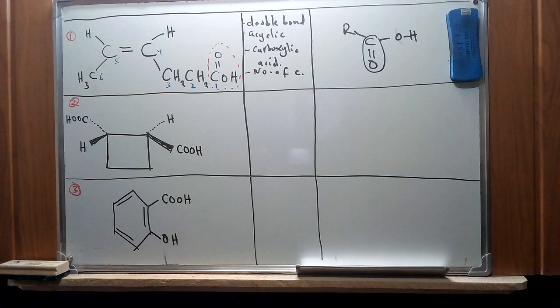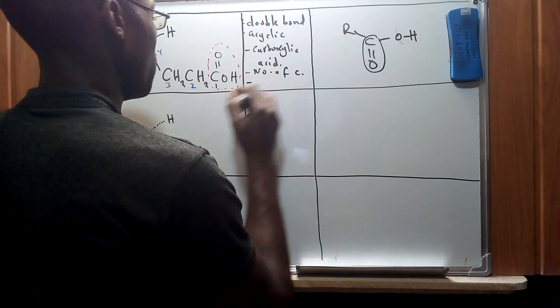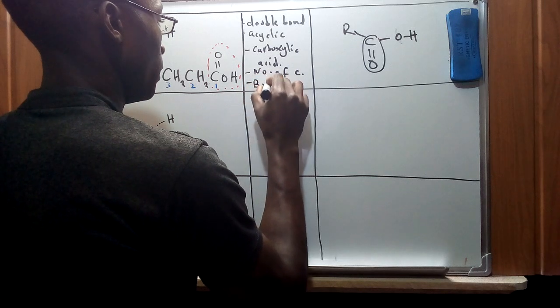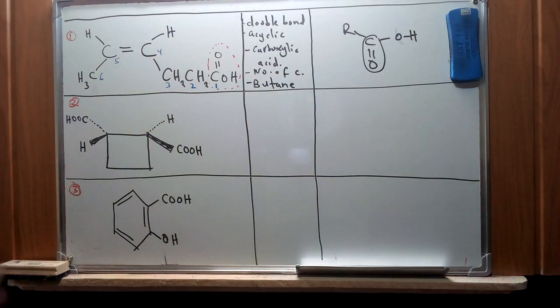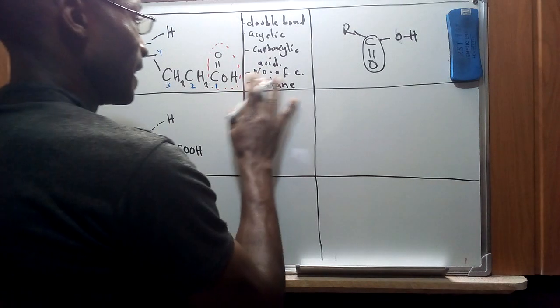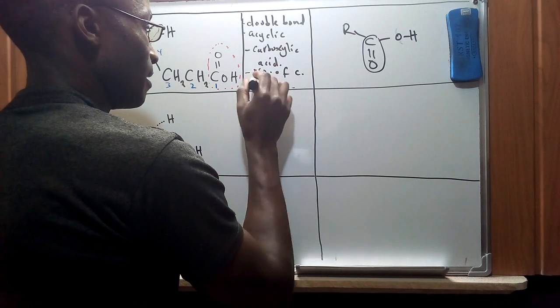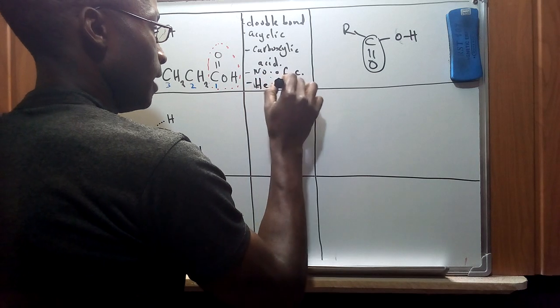In naming this, we said that the parent name comes from the alkane series. For a six-carbon chain, from the alkane series, we call it hexane.